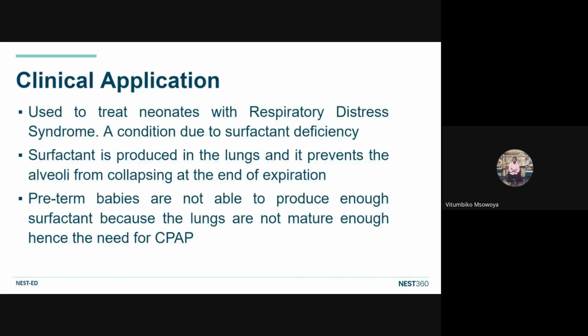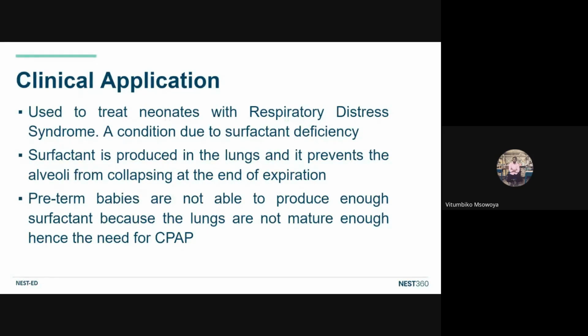So what is a bubble CPAP in clinical application? This machine is normally there to address conditions of RDS. We know that when neonates are born, especially preterm babies, they're not able to produce enough surfactant due to underdeveloped lungs.